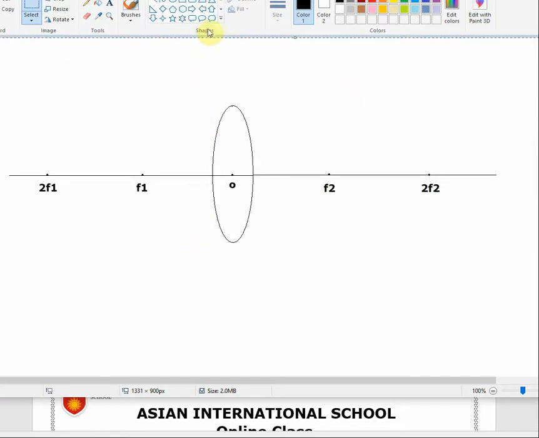Okay, so now we will place the object between focus and optical center. If the object is placed between optical center and focus, then what will happen? Let's see.